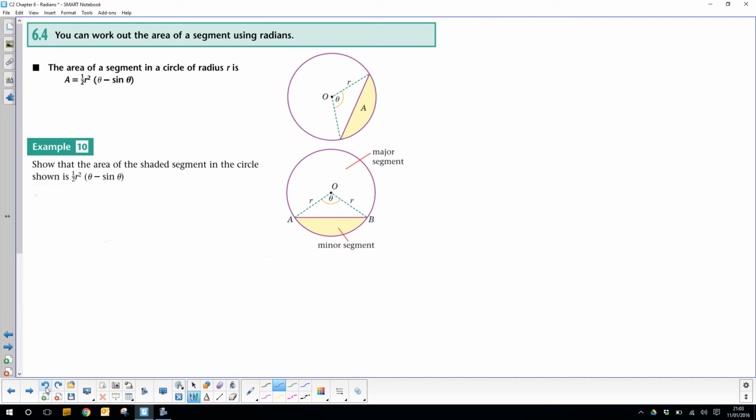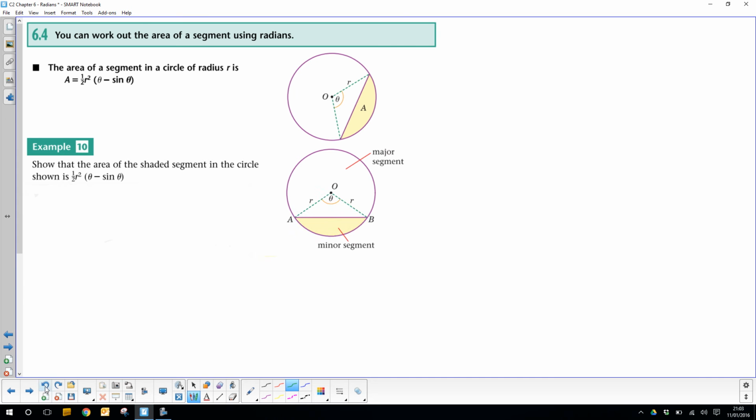Well, what we do is we work out the area of this sector, and once we've worked that out, we'll then take away the area of the triangle, which we can calculate, and then we'll be left with the area of the segment. Okay, that's the principle, and it is relatively straightforward.